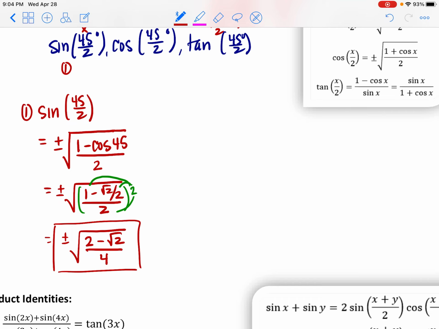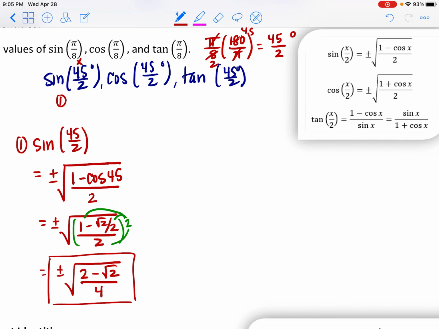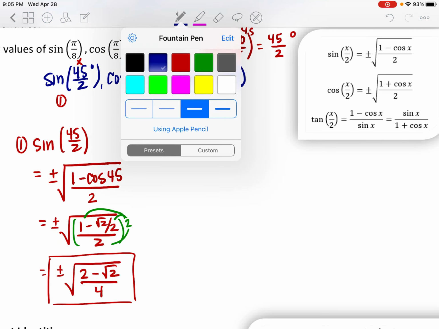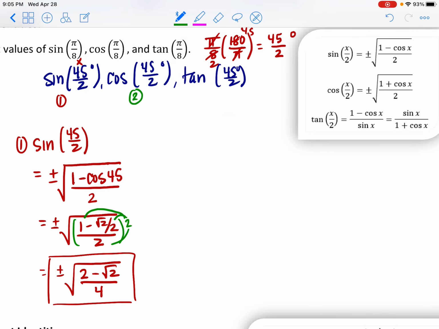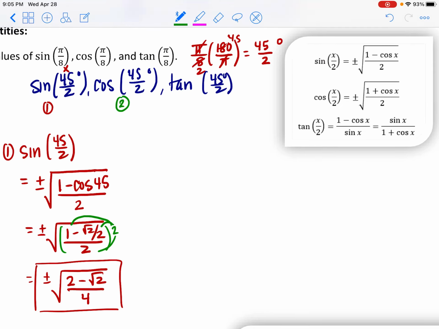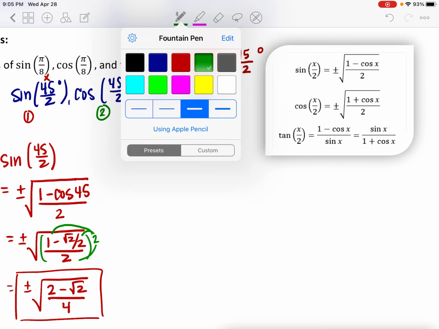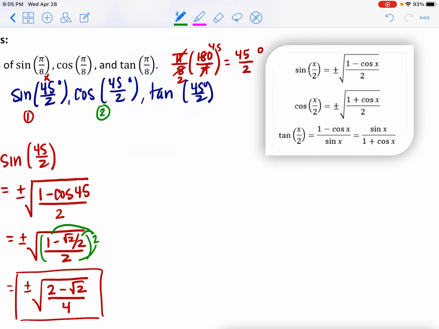Let's look at the next one, let's call this number 2. Okay, cosine. Now if we look here at the variation between the sine and cosine of x divided by 2, the formulas are almost identical. The only difference is we have a negative here and we have a positive here, so I would not go through all this work again.